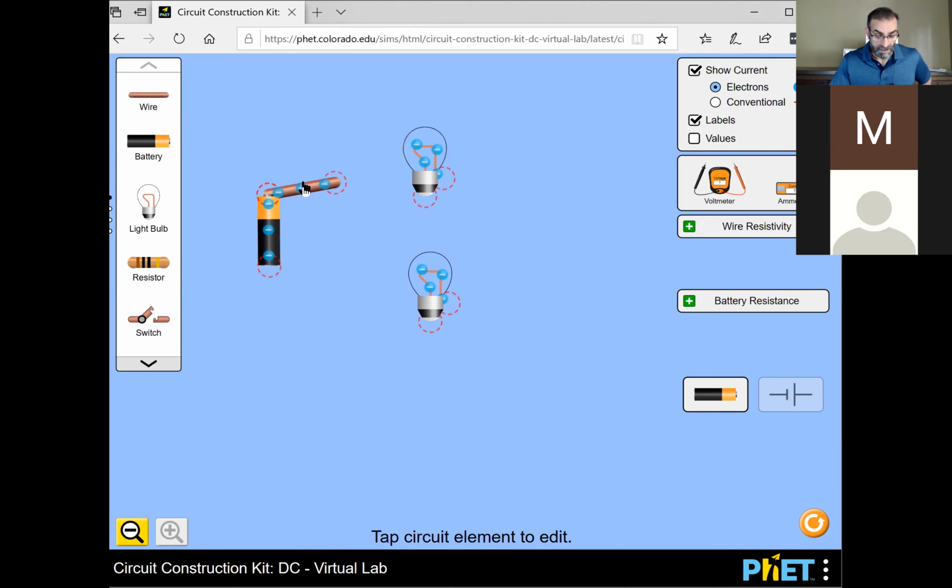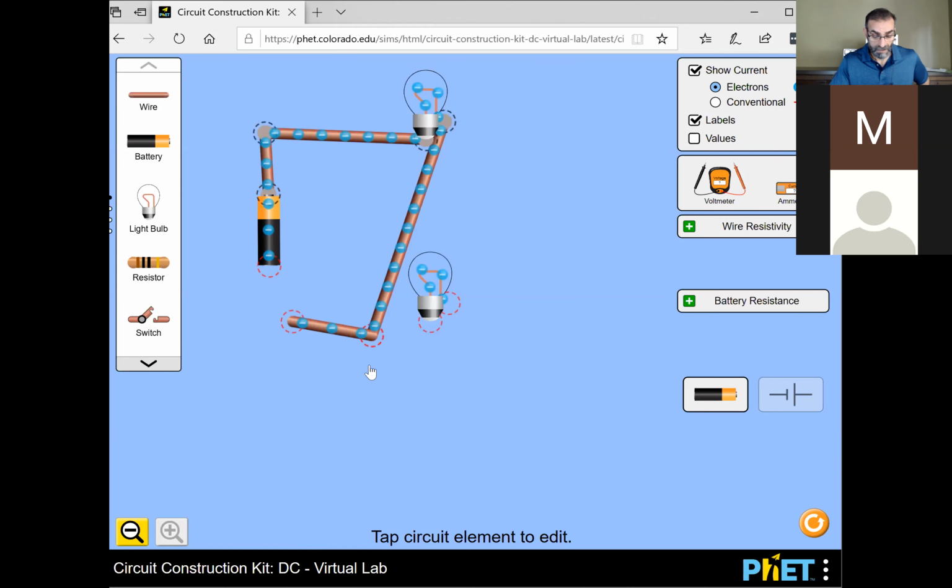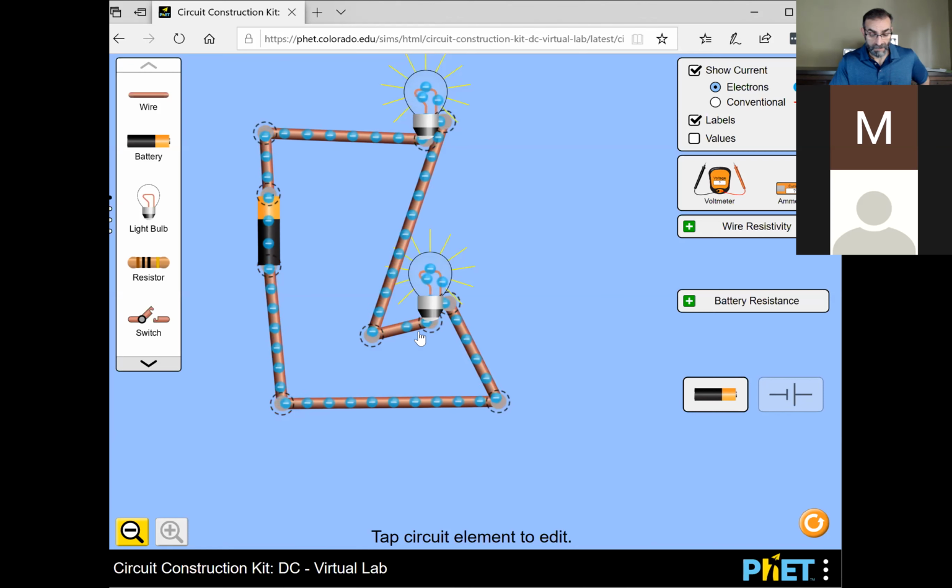Okay, so let's take a look at what we've got here. We've got a circuit. And this one comes over here. And then this one comes over here. This one closes it off. Okay, we had 2 in series, same brightness.